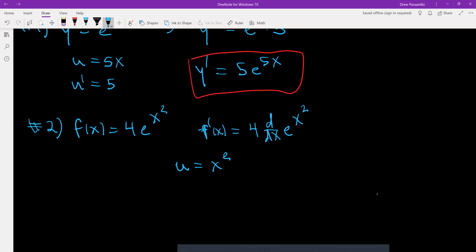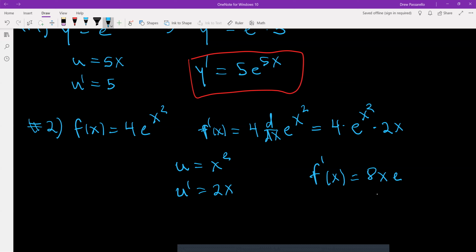The derivative of x squared is 2x, so u prime is 2x. So this is going to equal 4 times e to the x squared times the derivative of x squared, which is 2x. So then I do 4 times 2 to get 8, and just put x in front of the e, so f prime of x is equal to 8x e to the x squared.